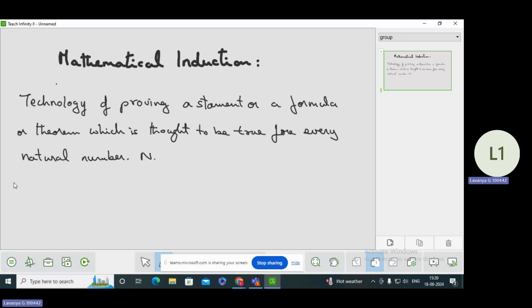Right. So, under this, we are going to see the first principle of mathematical induction. What does this principle say?